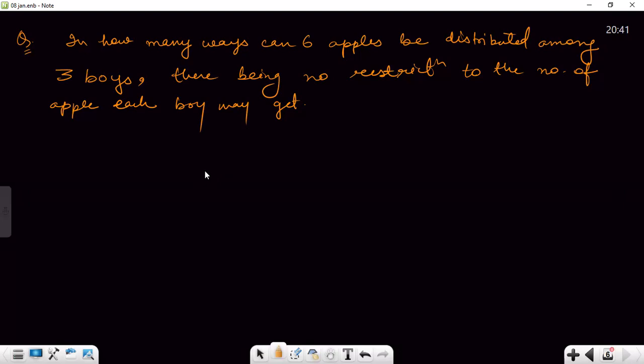So a person getting an apple or not is an unfixed event. What is fixed is those 6 apples. The apple is going to get somewhere, that is for sure. So apple 1, apple 2, apple 3, apple 4, apple 5, apple 6. How many choices for apple 1? 3.